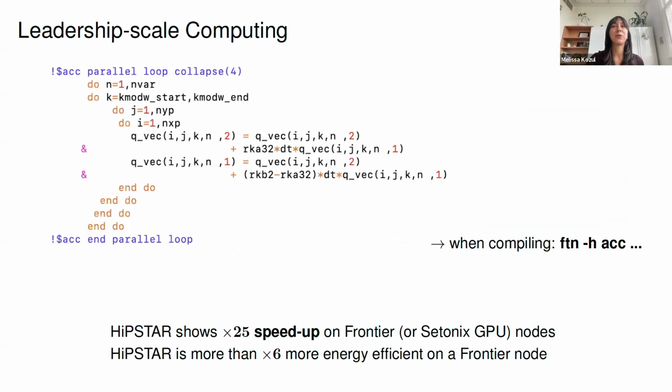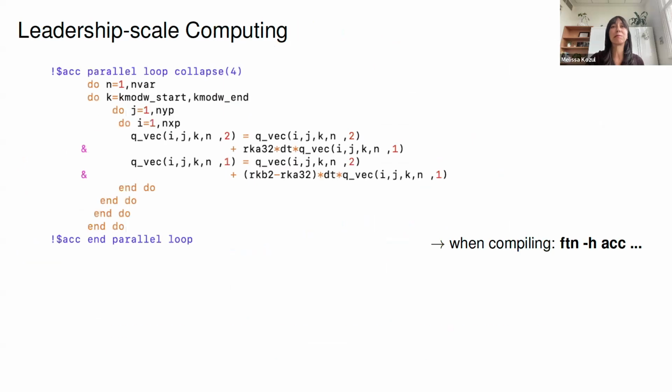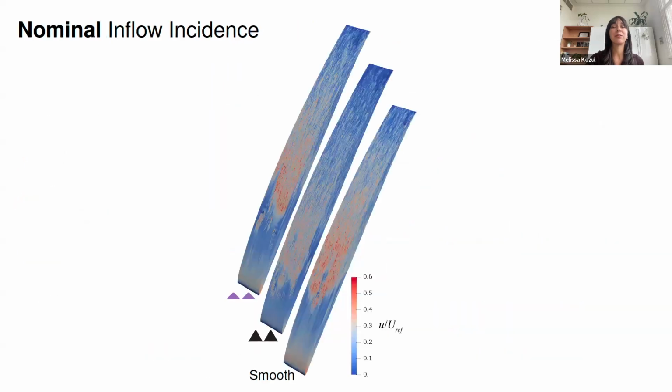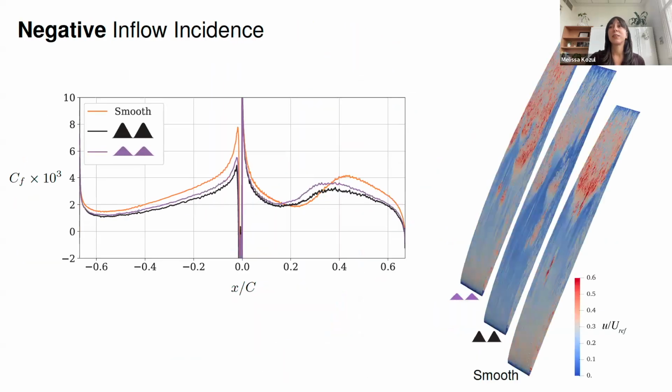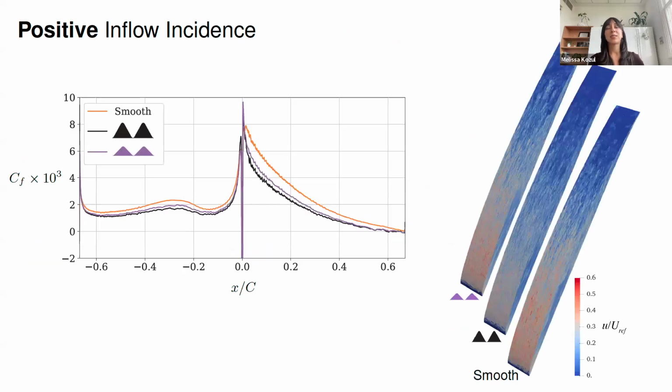Basically in this case, at the positive inflow incidence, you can see it's not attached anymore, the flow is separated from the back of the blade. GE was also interested whether this could help, and we see that the drag coefficient essentially goes to 0 because the flow is separating.